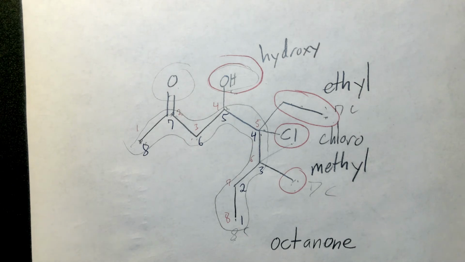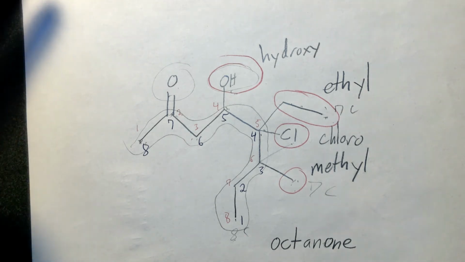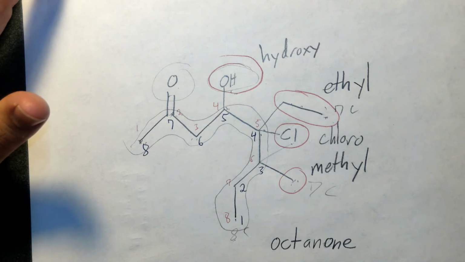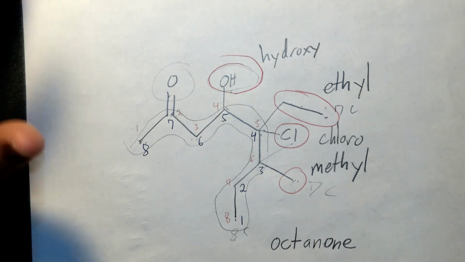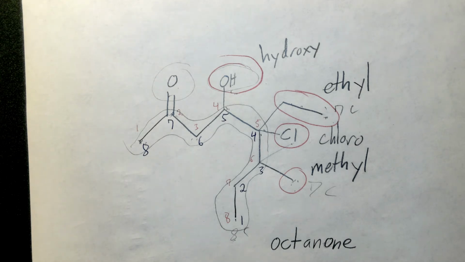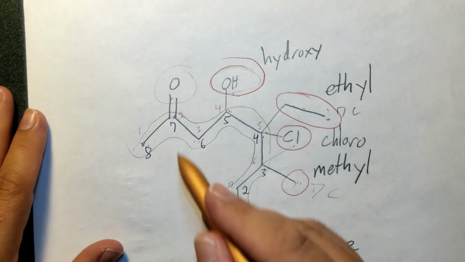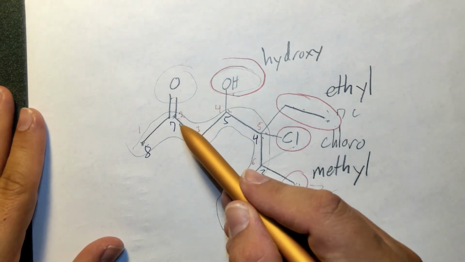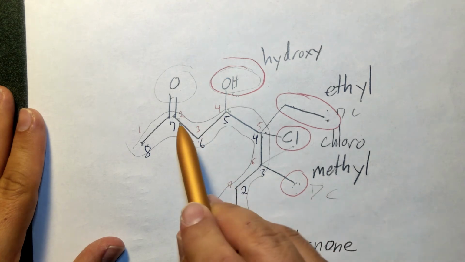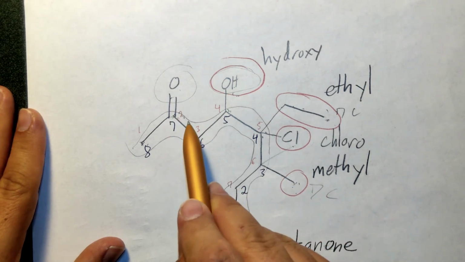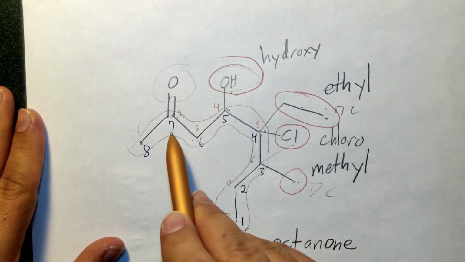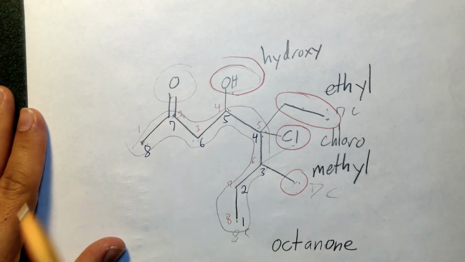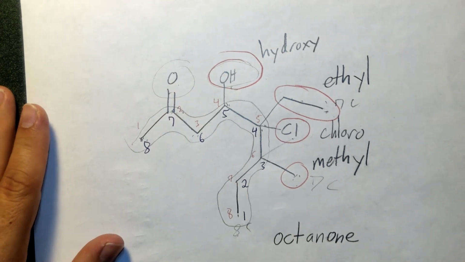So how do we determine what the correct numbering is? Well, first we have to look at the highest priority functional group. That is actually enough in this molecule because you either have a molecule which you're going to name with a 2 for the highest priority functional group, or you're going to name it with a 7 associated with the highest priority functional group.